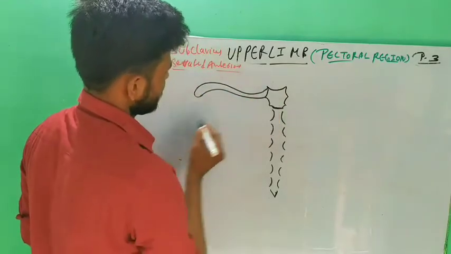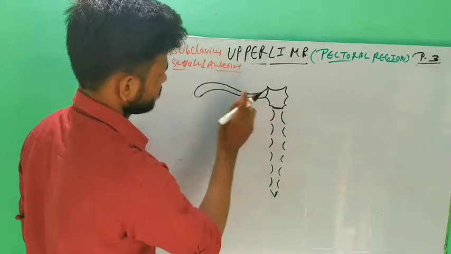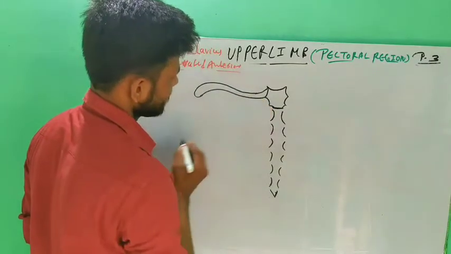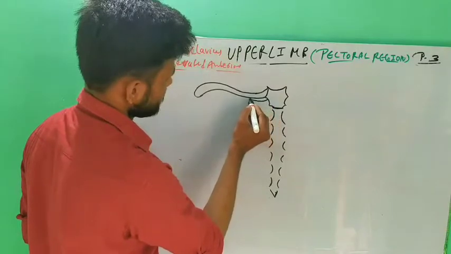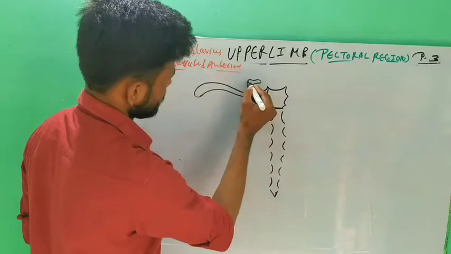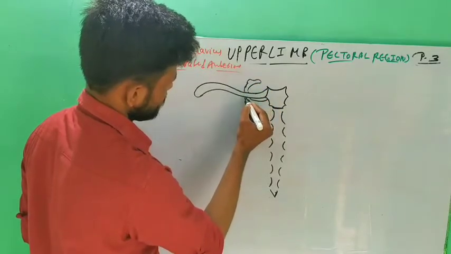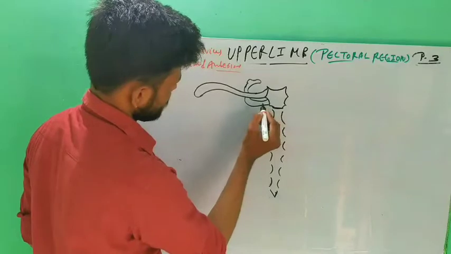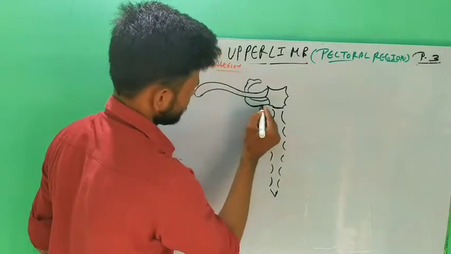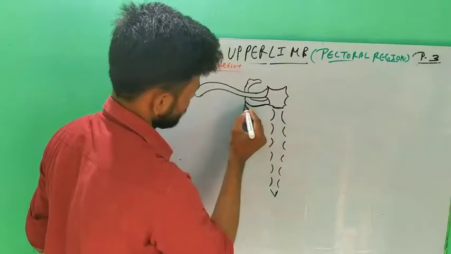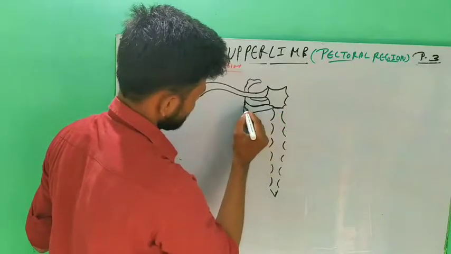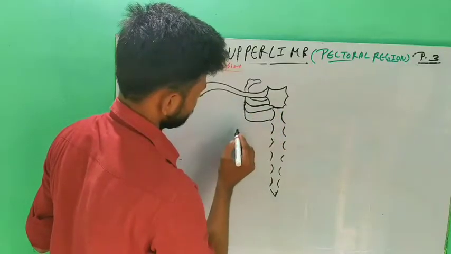This is the first rib. This is the second rib.